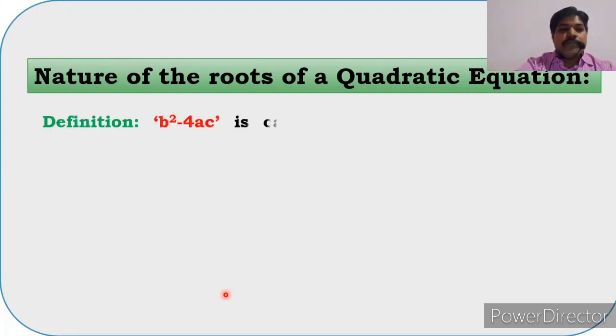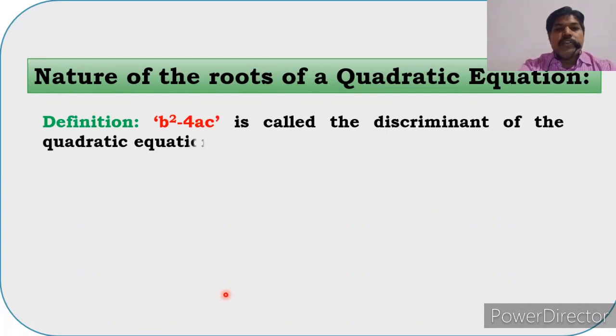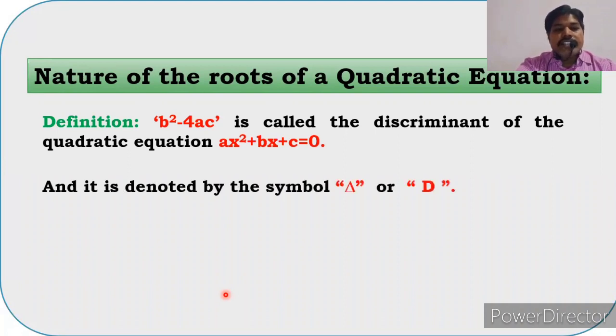See here, the definition: b square minus 4ac is called the discriminant of the quadratic equation ax square plus bx plus c is equal to 0. It is denoted by the symbol delta or D.